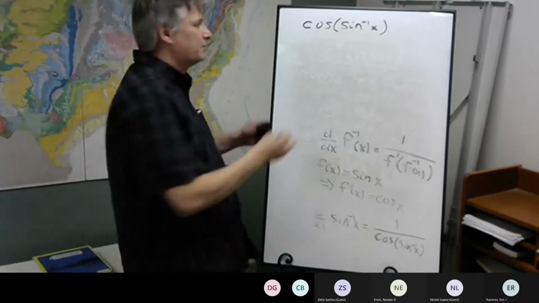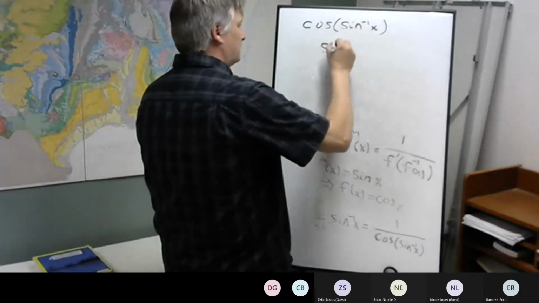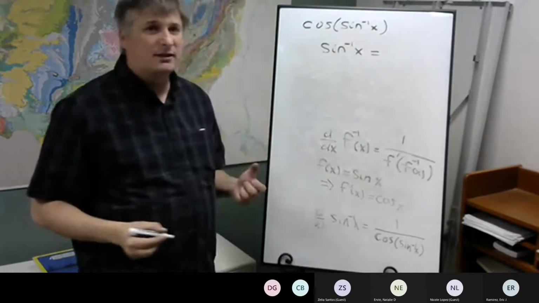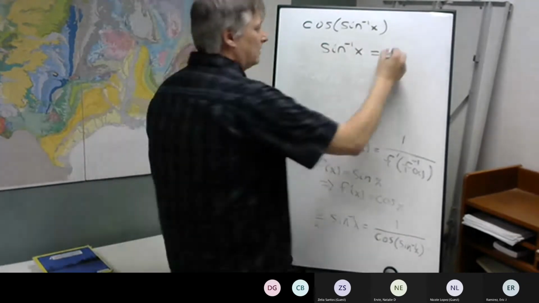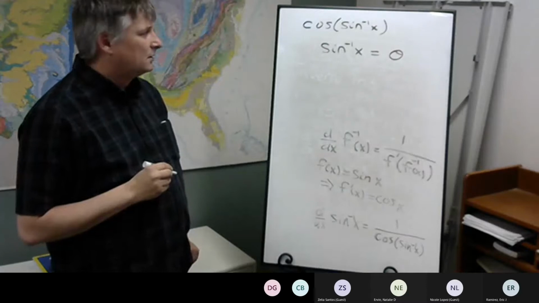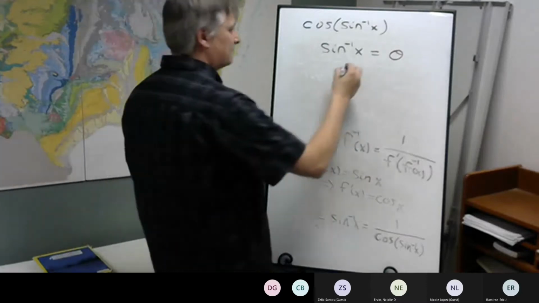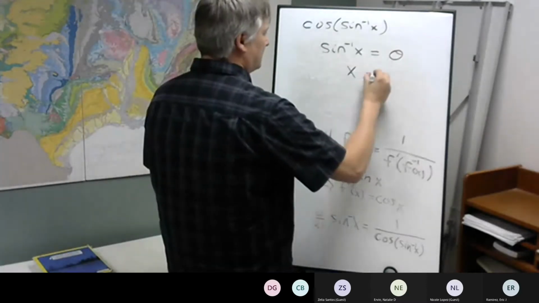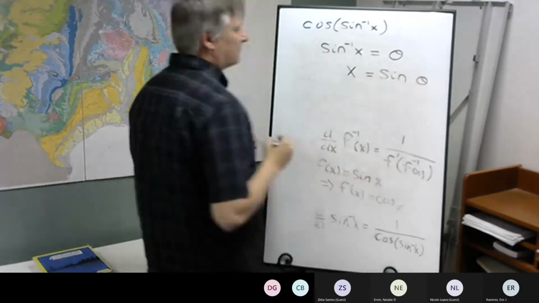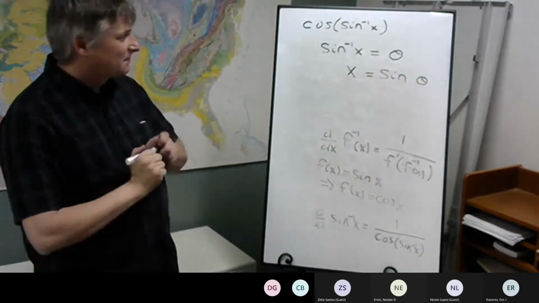Well, start with sine inverse. An inverse function is an angle. So this is going to be angle theta. Or put another way, x is going to be the sine of theta.